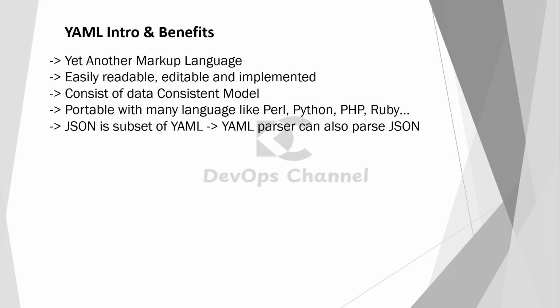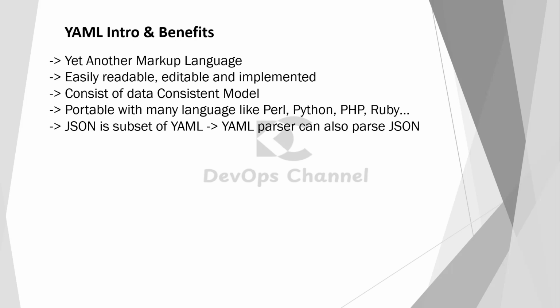If you are wondering how you can configure or check YAML, you can always use JSON in parallel for understanding YAML. In our demos and examples, we will use JSON alongside to understand this. But you should remember that JSON is a subset of YAML, so a YAML parser can also parse the JSON language.